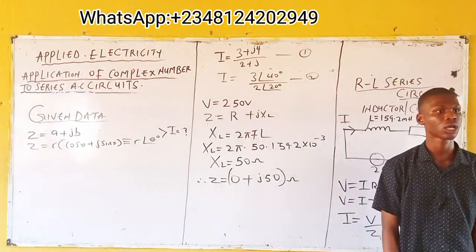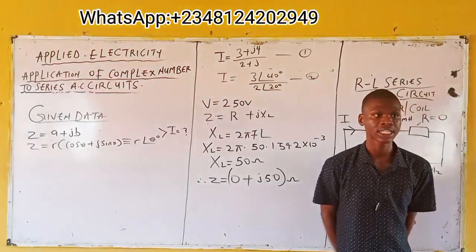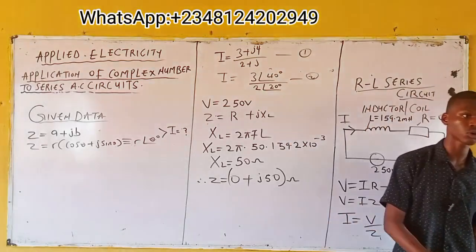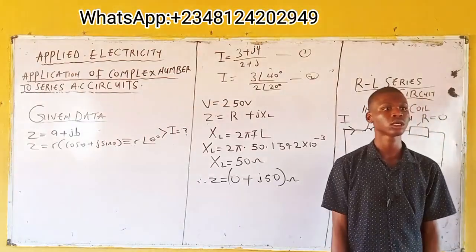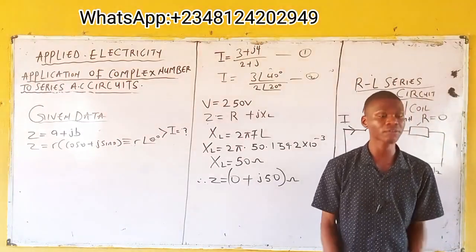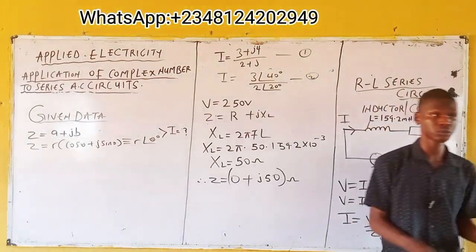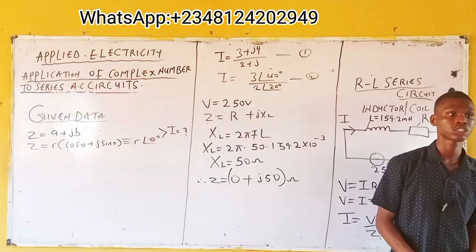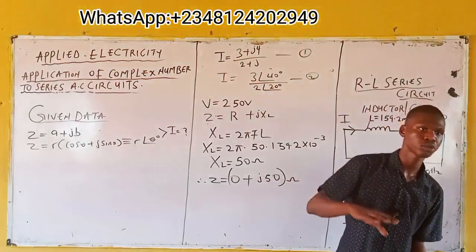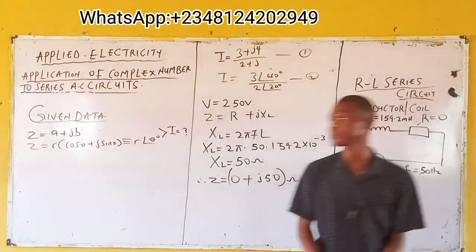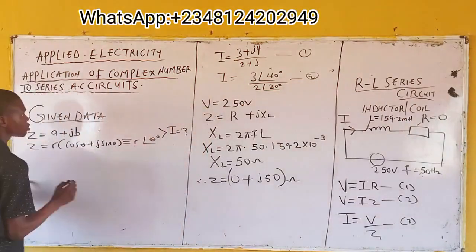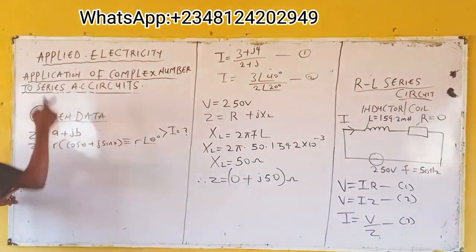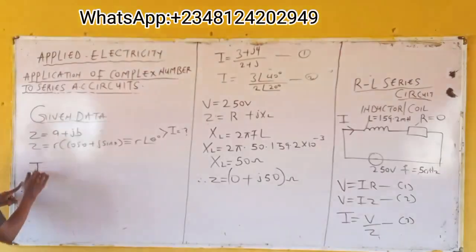What it means is to multiply the given question, both numerator and denominator, by the conjugate, 2 minus j.